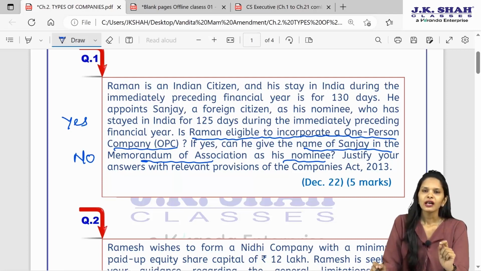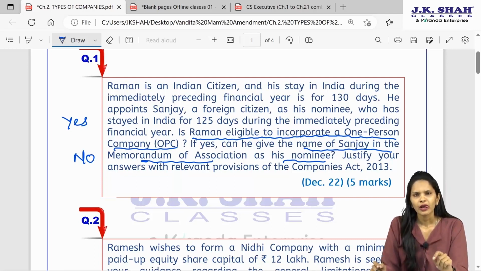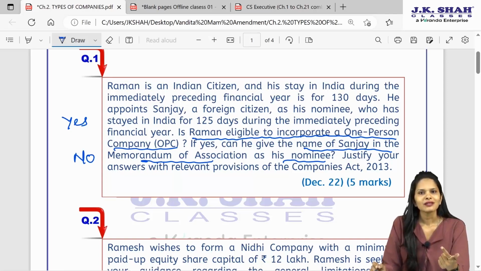Okay, so now how do you write this? For writing the answer of your case laws, you have to take 4 steps. First, the applicable law, the section, as discussed in the class. Second, the provision, which is very mandatory. In that you have to write the definition of OPC and who can be a member of an OPC. So how do you write that?